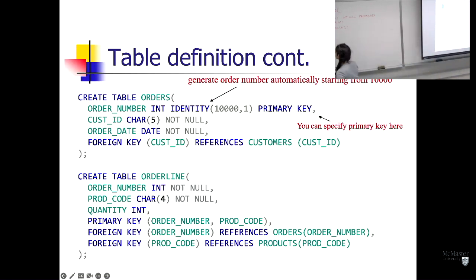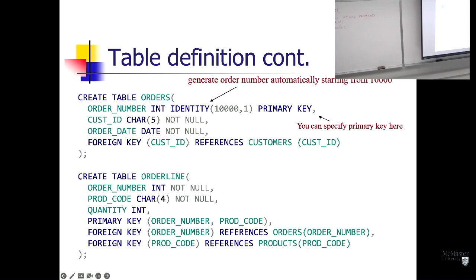Okay, this is the order table. Let's say we have order ID or number and customer ID here. This is the primary key and this is the foreign key.